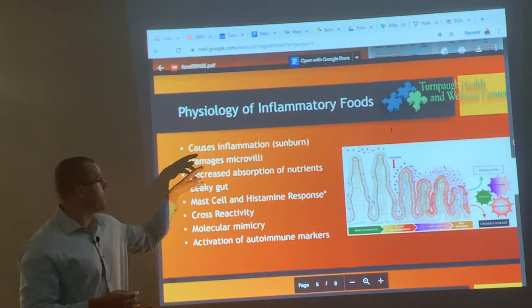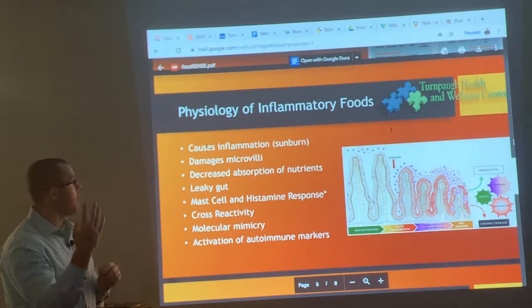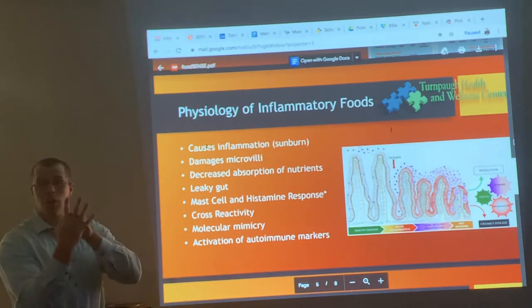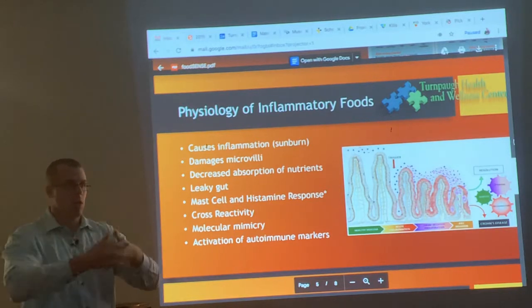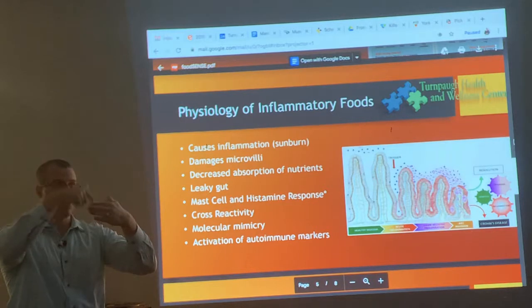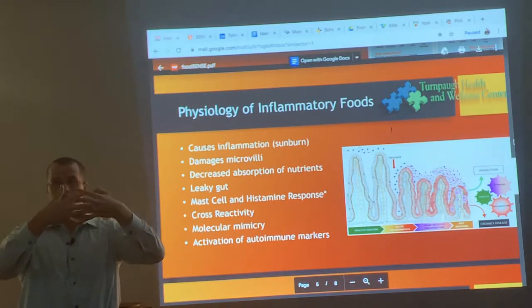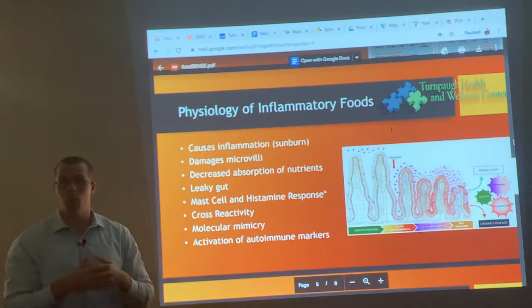So we talked about this briefly. When we have that inflammatory food, we can start to have damage of the microvilli, or damage of gap junctions. Our intestines should be a wall between our bloodstream and our digestive tract, so we can start to have separation of that digestive wall.